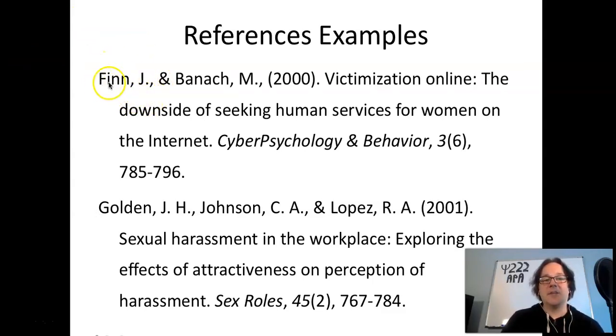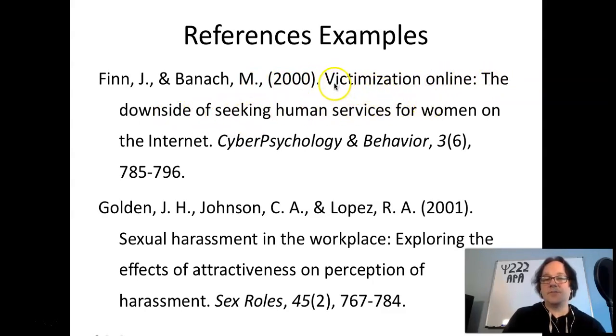This is the last name of the first author. So Finn, and this is the initial of their first name. It doesn't look like they have a middle initial or middle name in here. So Finn, comma, J, period, comma, ampersand. This is the last name of the second author, separated by a comma, with their middle initial, period, comma, the year that the article was published, and the title of the article.